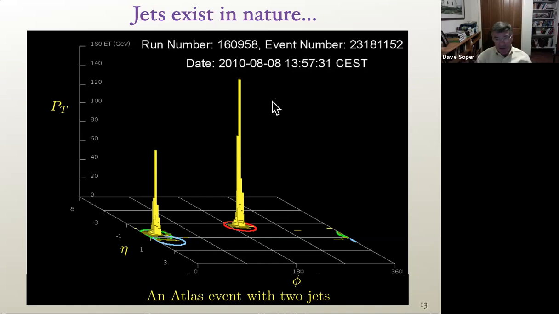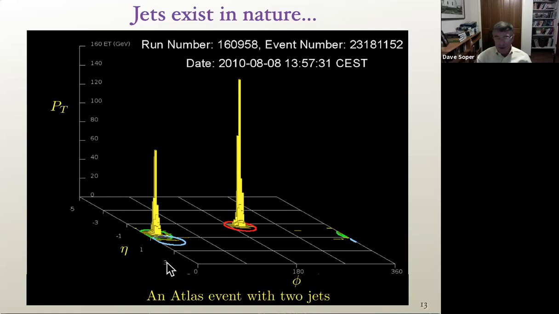So that's a picture of an experimental jet. And here's another jet. So there are two jets seen in this event with rather a lot of transverse momentum. This is an unusual event, but of events in which there's lots of transverse momentum seen, it's always like this.